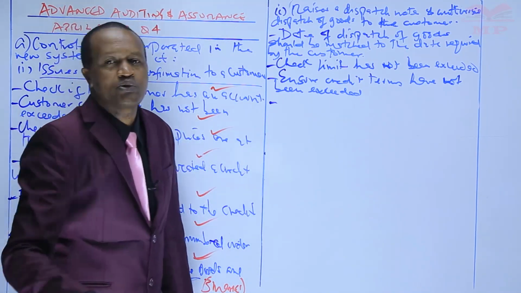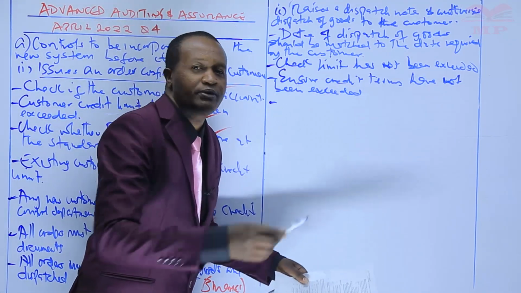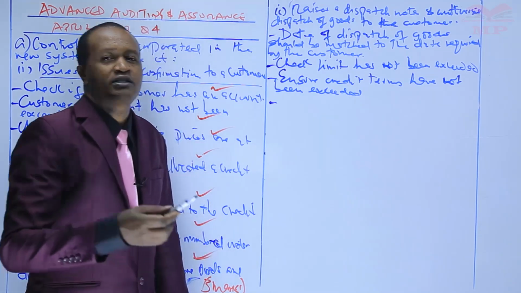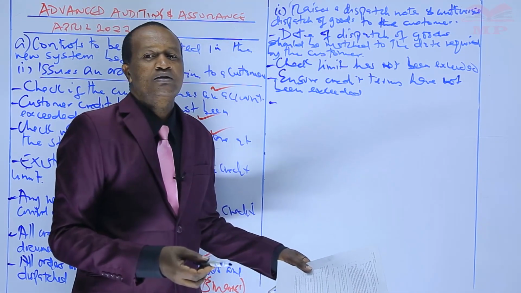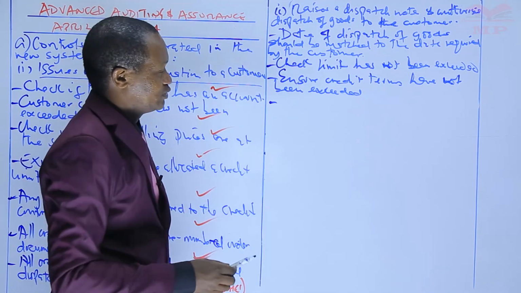So the details to be shown on the dispatch notes, details like the stock quantities, the delivery address, among others, should agree with those on the order confirmation.